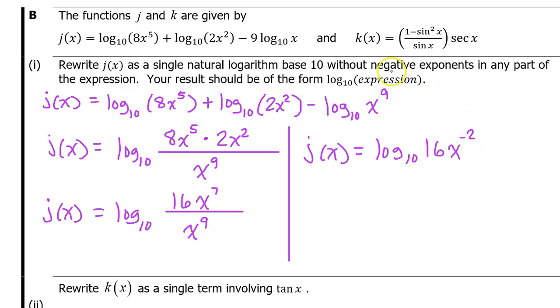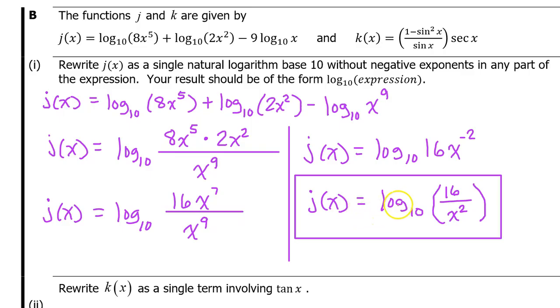We were told that we should not have any negative exponents in any part of the expression. So instead of doing that, let's leave the x to the 2nd power in the denominator. J of x is equal to log base 10 of 16 over x squared.